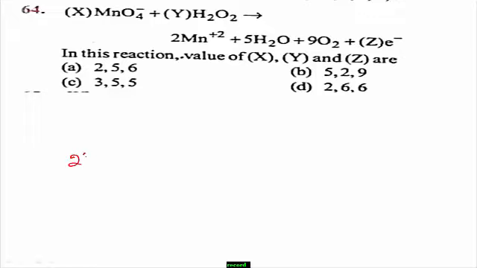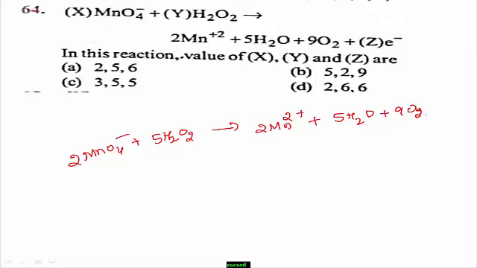2 moles of MnO4 minus plus 5H2O2, when they react, produce 2Mn2 plus, 5H2O, 9O2 and 6 electrons.